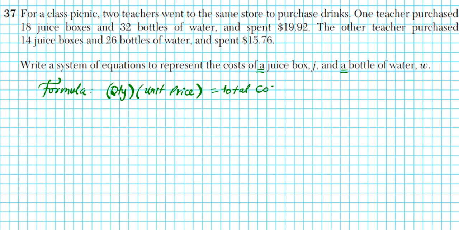Alright, so in this problem we have the total cost for the first teacher and the total cost for the second teacher. So let's go ahead and declare our variables. They've already been declared for us here, but let's just write it again.